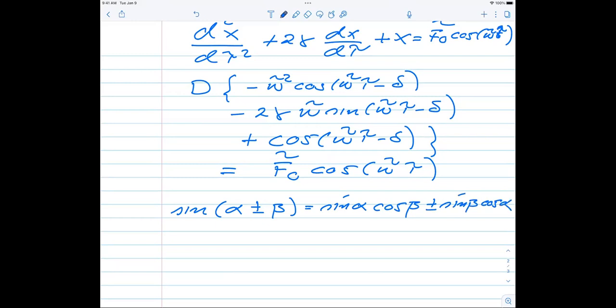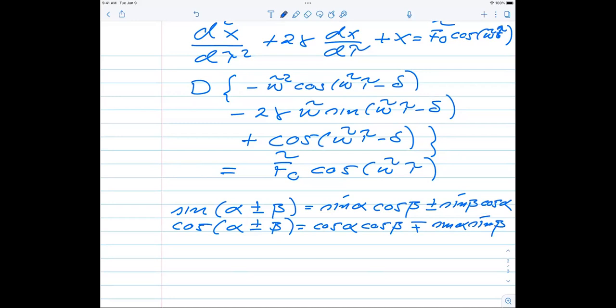This is one of the standard trigonometric relations which we often use to manipulate equations, and there's more to come. And cosine of alpha plus or minus beta is given by cosine alpha cosine beta, minus or plus sine alpha sine beta.